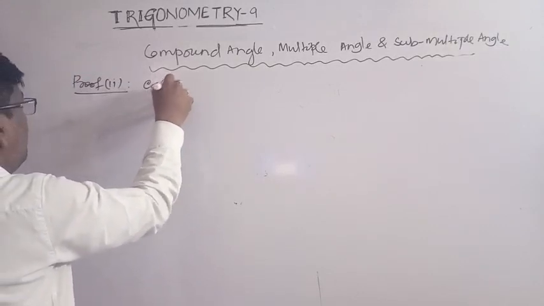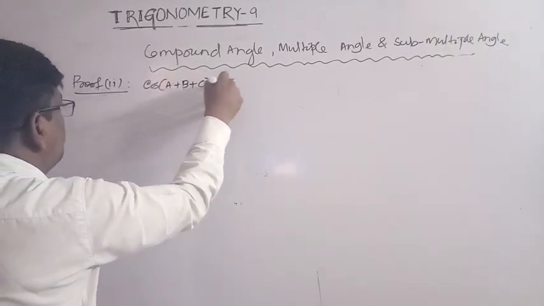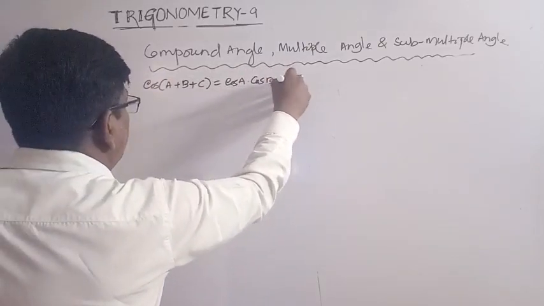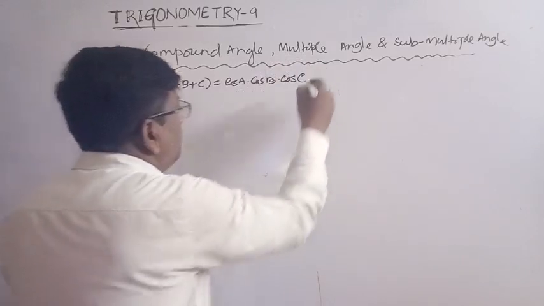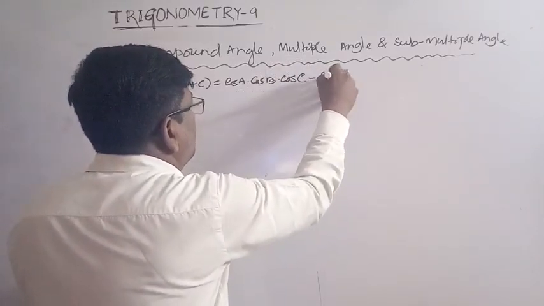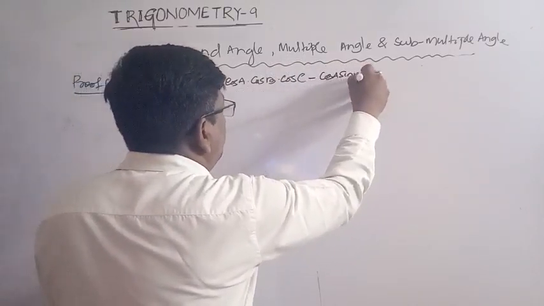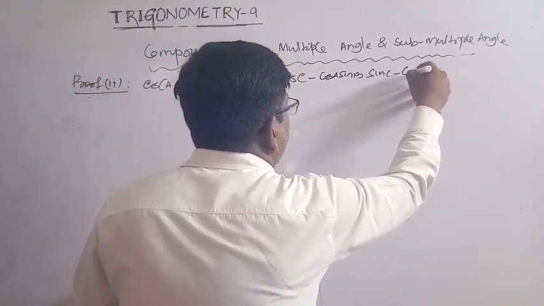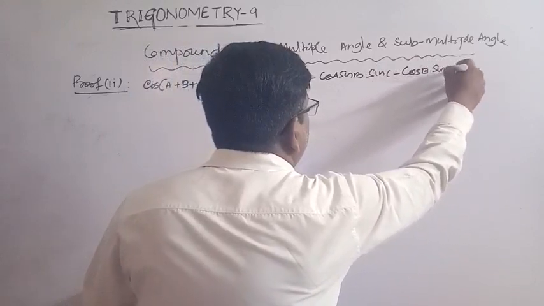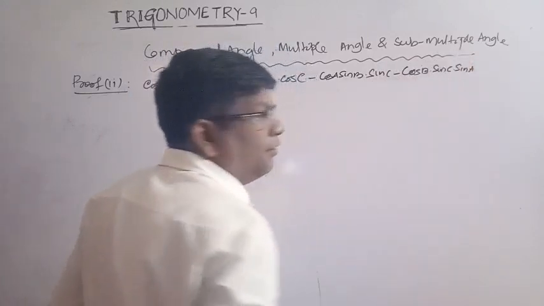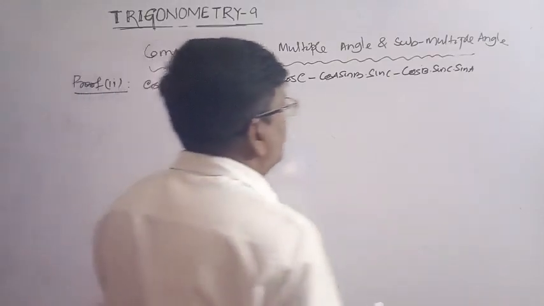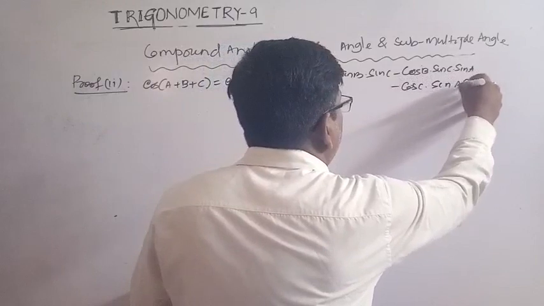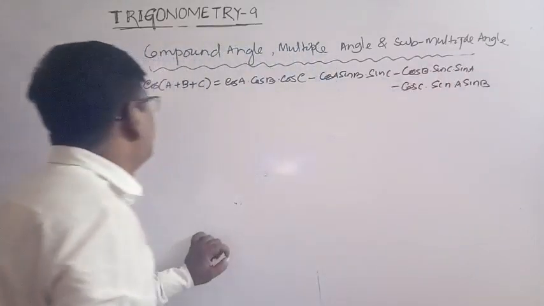Cos of a plus b plus c is equal to cos a into cos b into cos c minus cos a into sin b into sin c minus cos b into sin c into sin a, then minus cos c into sin a into sin b. This is the required proof.